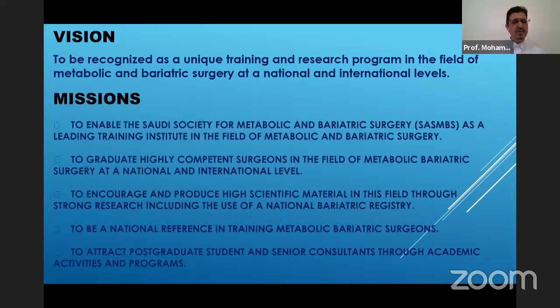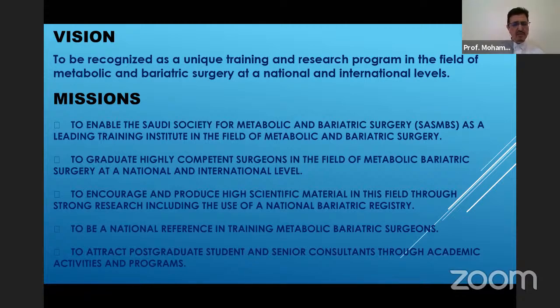Our mission is to enable the Saudi Society for Metabolic and Bariatric Surgery as a leading training institute and to graduate highly competent surgeons in that field, and to encourage and produce high scientific material through strong research, including the use of a national bariatric registry that is starting to kick off recently in the country. And also to be a national reference in training metabolic and bariatric surgeons.